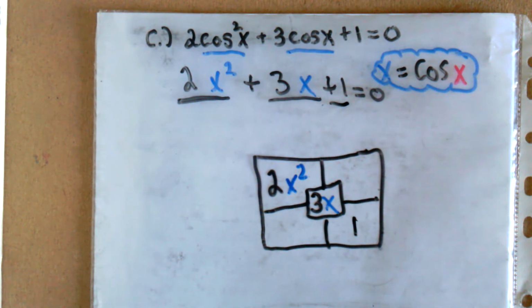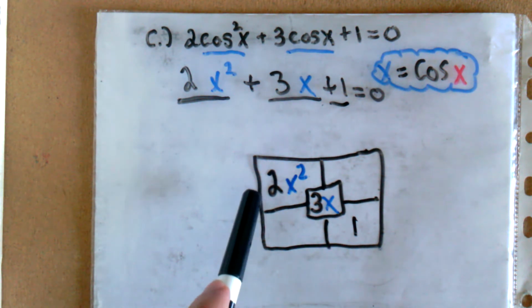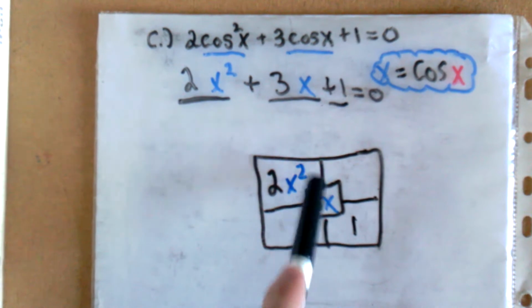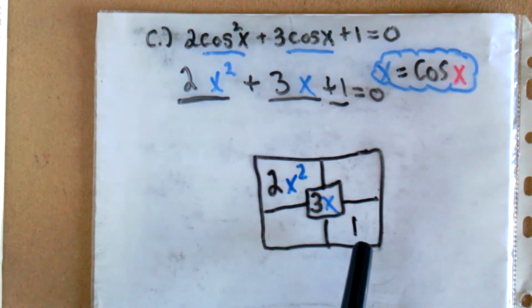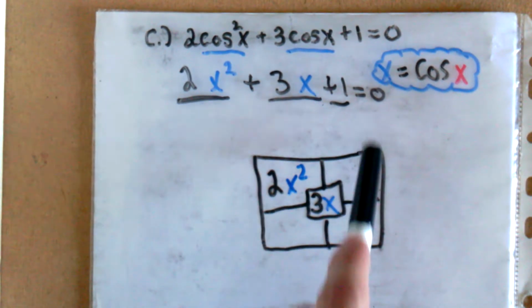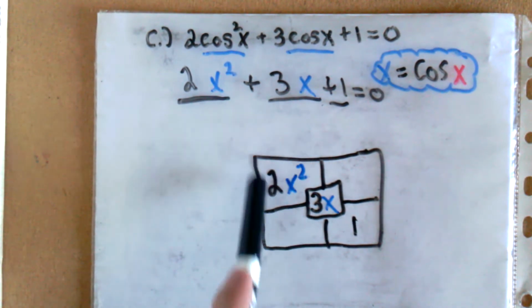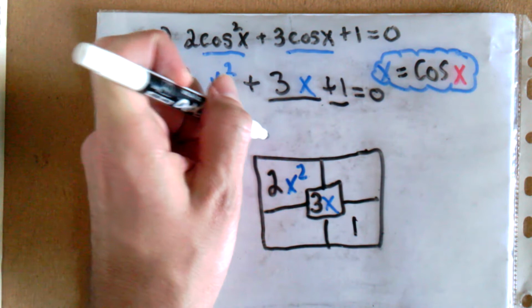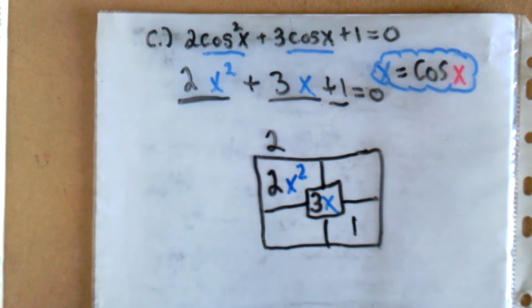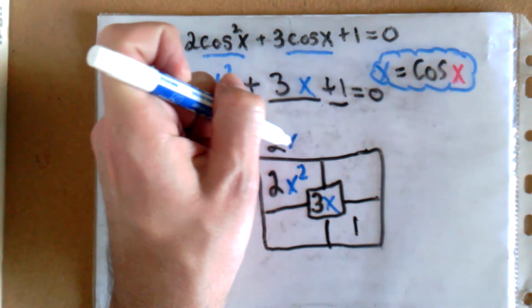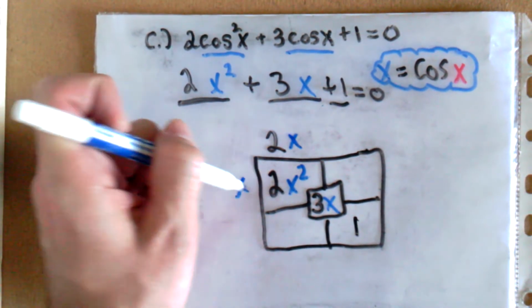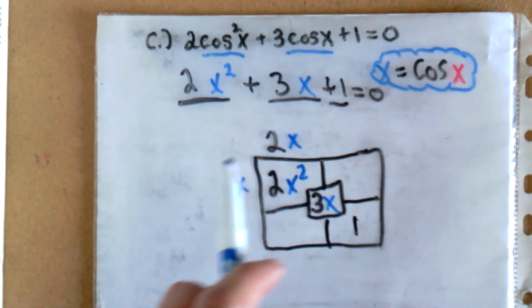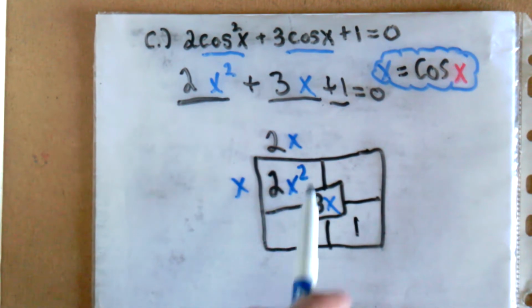Okay. Now in order to do the Punnett square, we need to find 2 numbers that multiply to get 2x squared, and 2 numbers that multiply to get 1. So let's start with 2x squared. 2 numbers we can use for 2x squared would be 2x and x, because 2x times x gives us 2x squared.